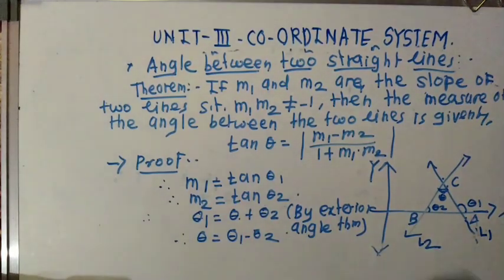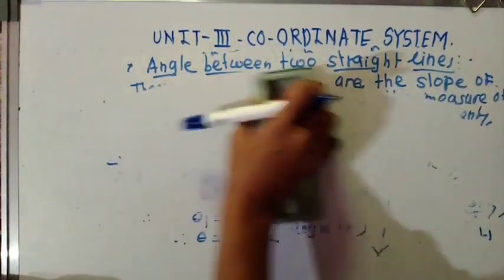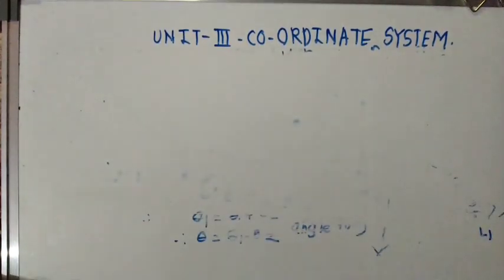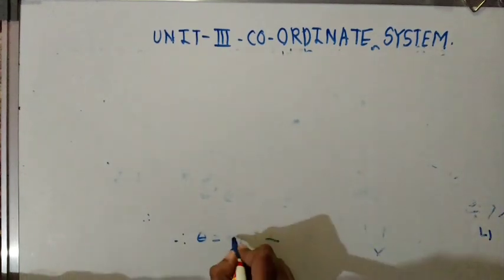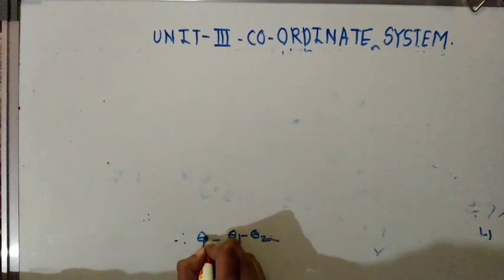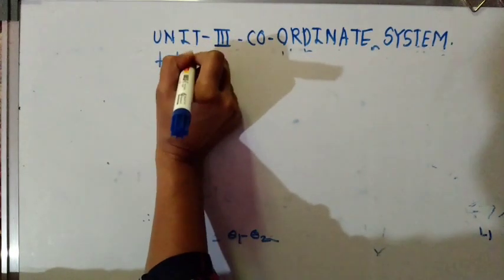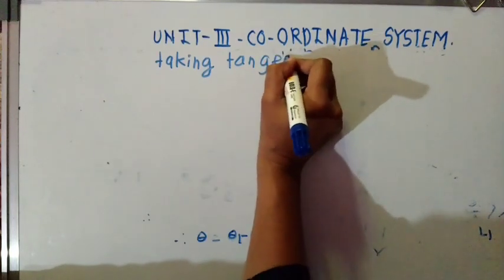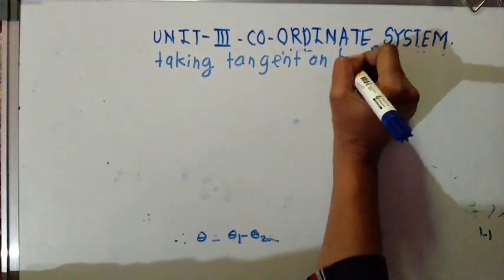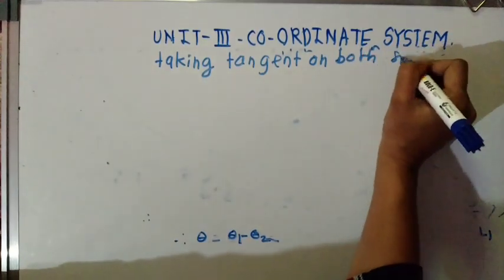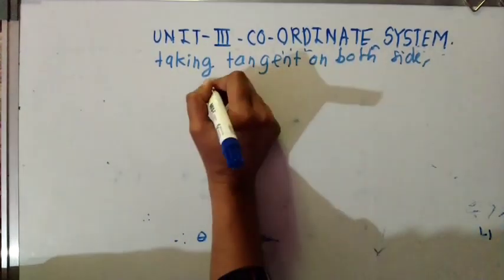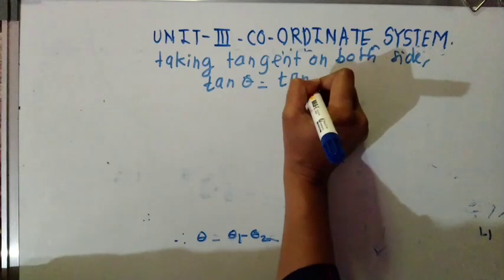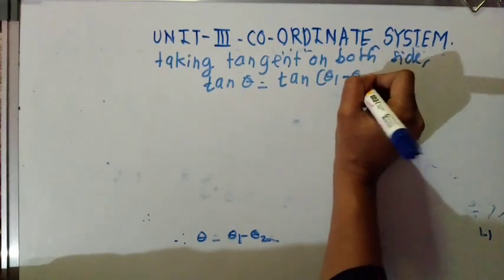Then taking tangent on both sides, tan theta is equal to tan of theta 1 minus theta 2.